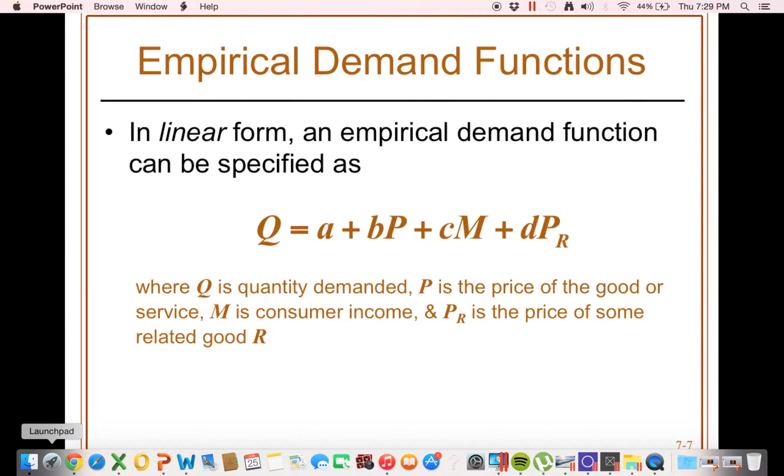An empirical demand function looks something like this. In linear form, an empirical demand function can be specified as Q, which is our quantity demanded, is equal to A, which is our intercept, plus B, which is the slope of P, which is our price, plus C, which is the slope of M, which is your income, plus D, which is the price of related goods.